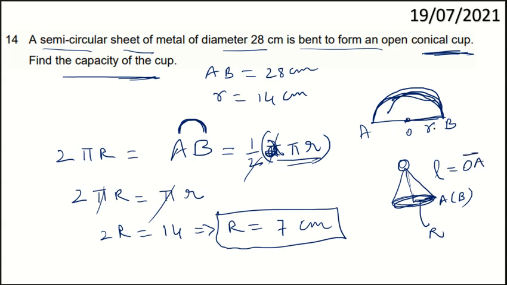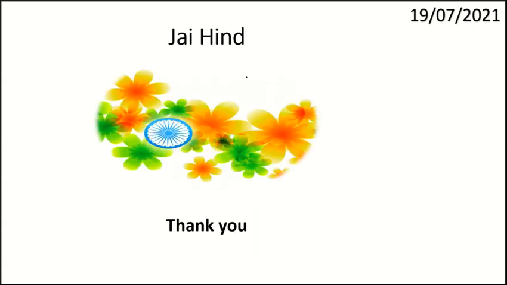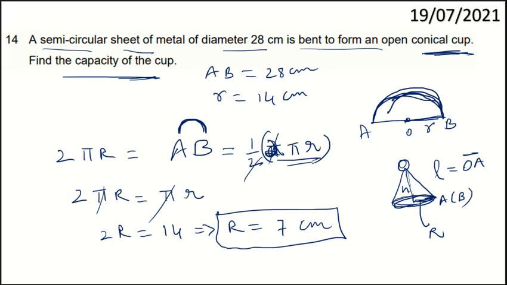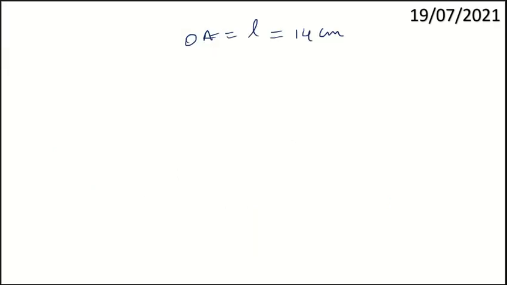OA, which is L, is equal to 14 centimeter. Why? Because this OA or OB is the radius of the sheet, 14 centimeter.